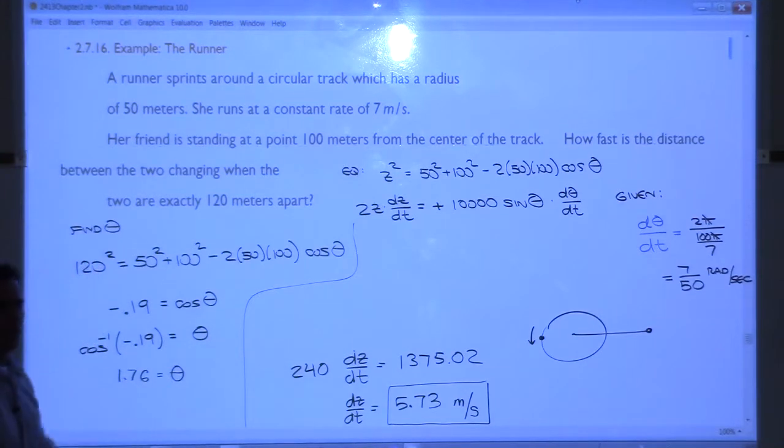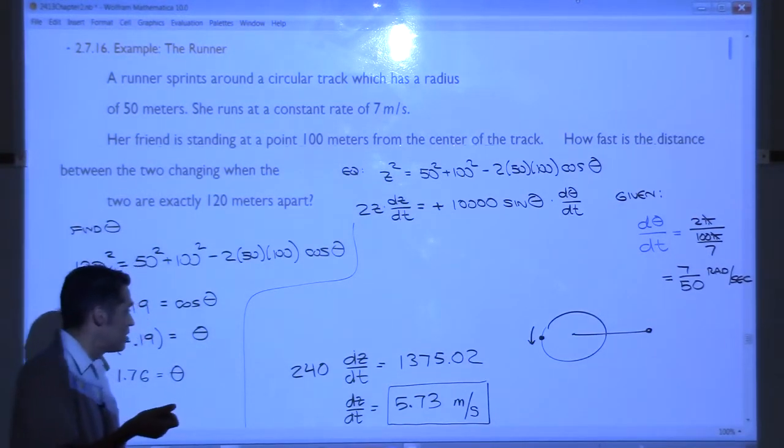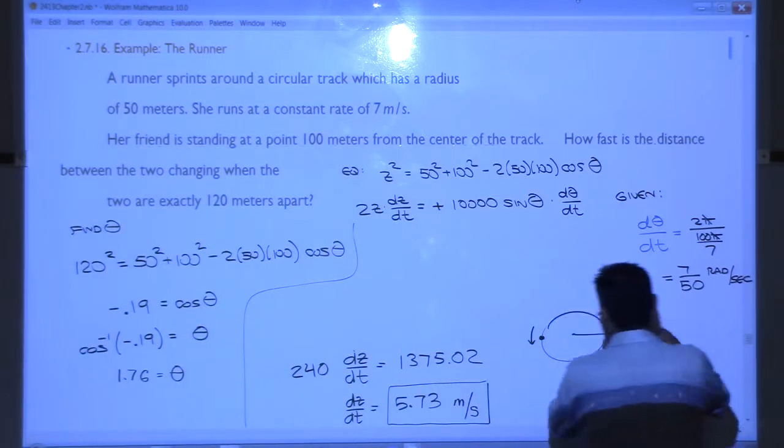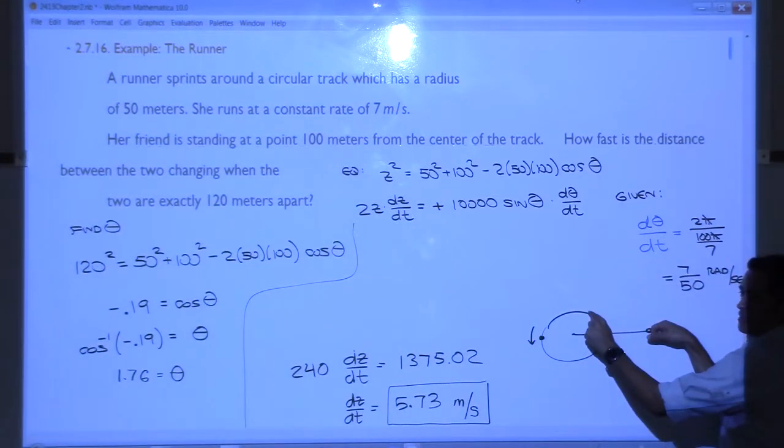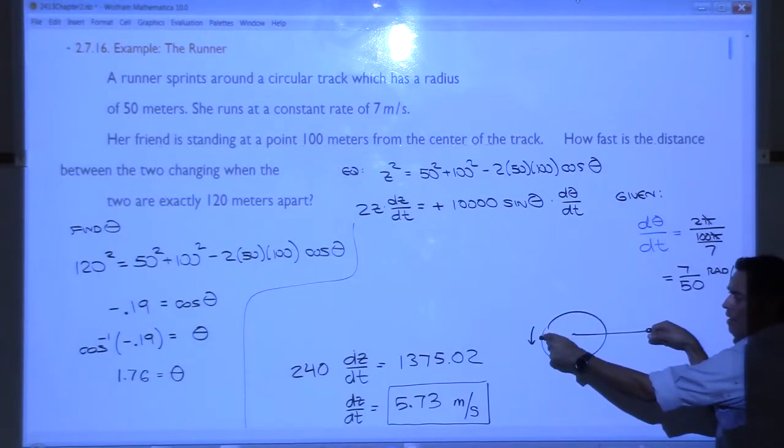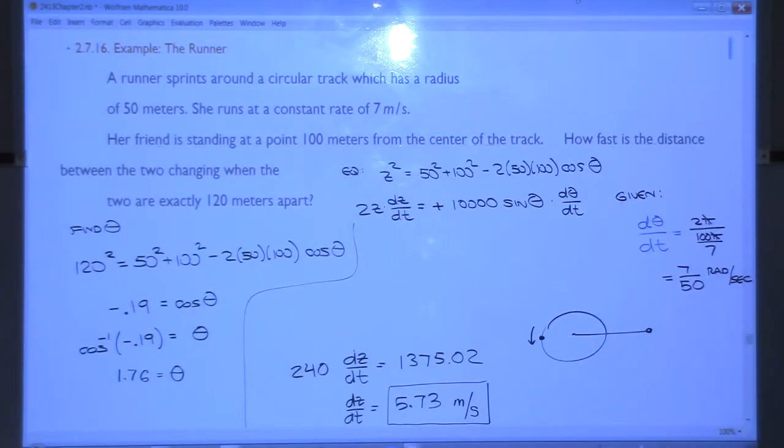What's happening to it? If I had a rope attached to this person, as they go around, this is rope burn, right? The rope's coming out of my hand. But when they get right there, at that instant in time, what's happening to the rope? It should be zero, right? It should not be pulling out of my hand at that instant.